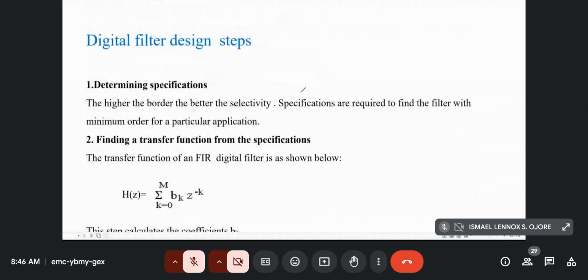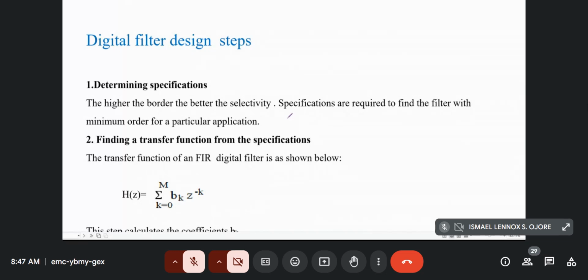So these are the steps. You have to determine specifications, and as we said again, the minimum order is just actually some compromise.